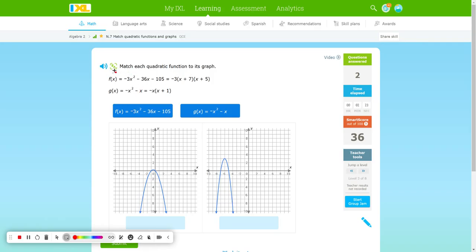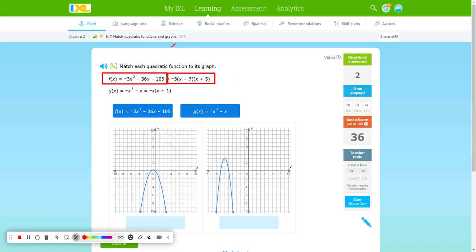First they give the front part, the standard form, but in the back they give you the factored form. From the factored form, you can see the x-intercepts.